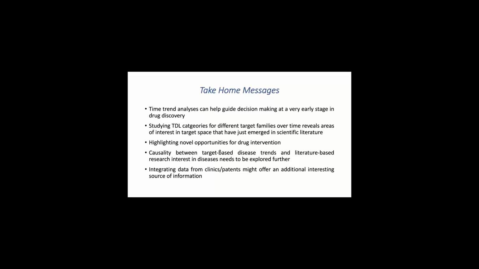And by including these target developmental levels, these categories that we have for different target families, it really reveals areas of interest in target space that have just emerged in literature maybe. So it really points you to target space that might be interesting to focus on in the future. So it highlights novel opportunities for drug intervention.